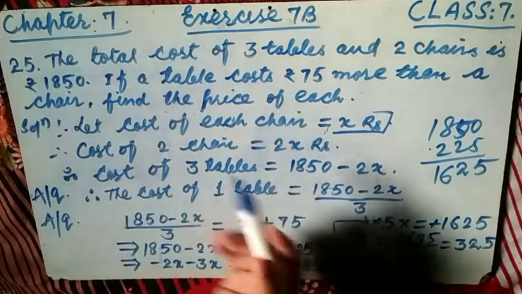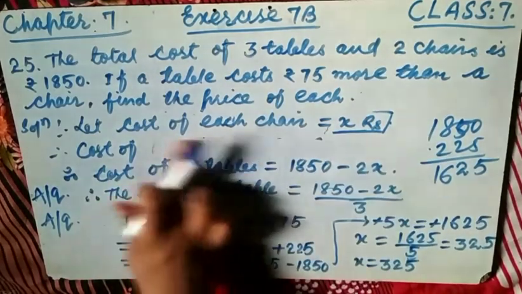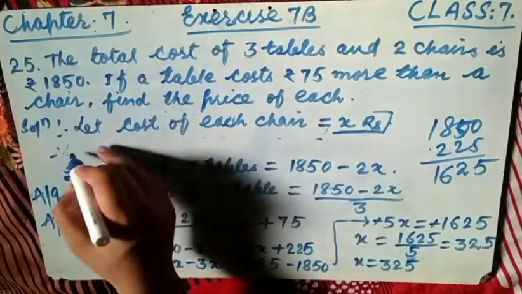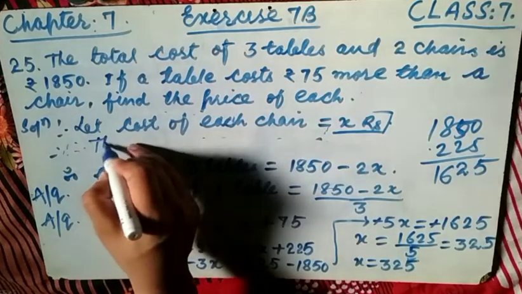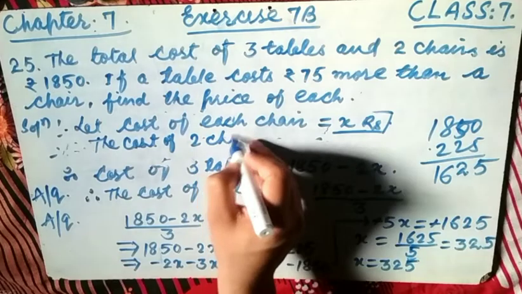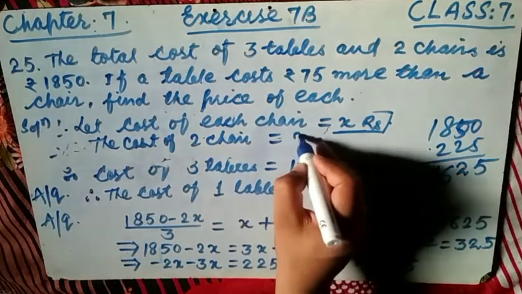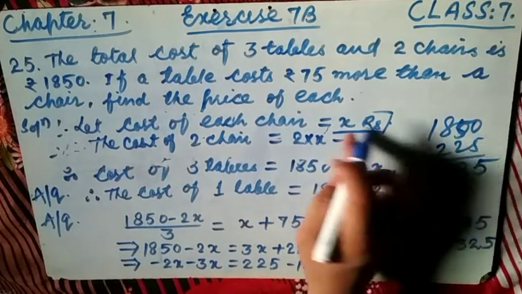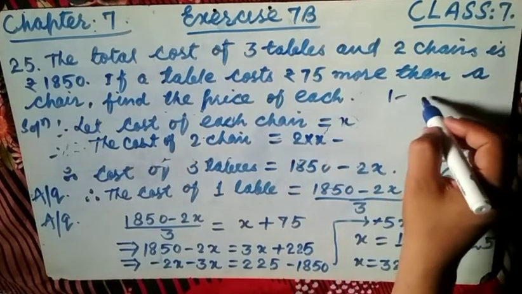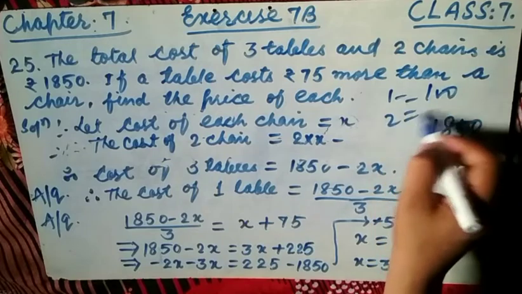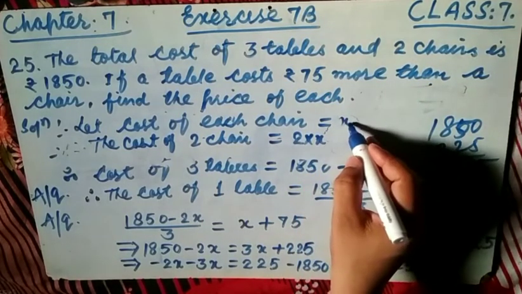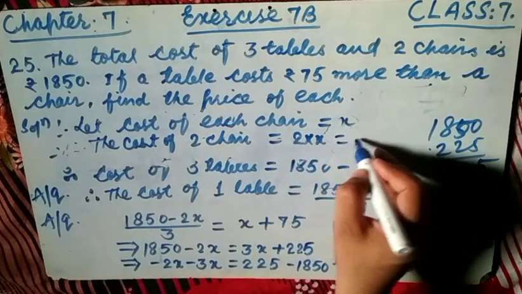So therefore the cost of 2 chairs is 2 multiply by X, because 1 chair is X rupees. Suppose 1 chair is 100 rupees, then 2 chairs is 2 multiply by 100. So similarly 1 chair costs X rupees, so 2 chairs is 2 multiply by X, means 2X rupees.